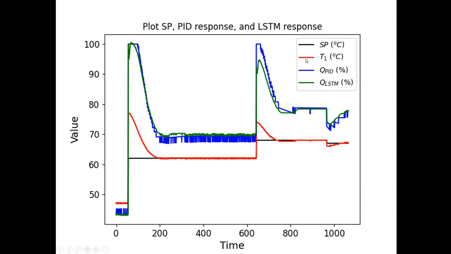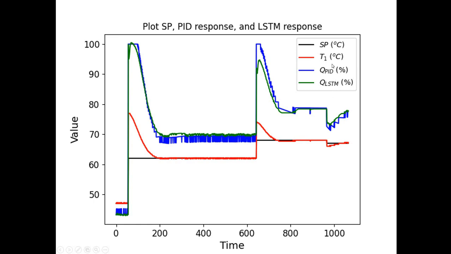You can see the set point is in black, and it is varying, and this red curve is what is trying to follow and settle at the exact value. That's the temperature T1, and the power which is going into the system is also varying with respect to time. It will take its own trend.